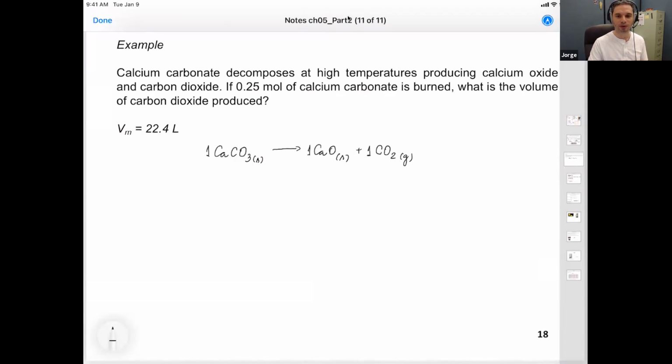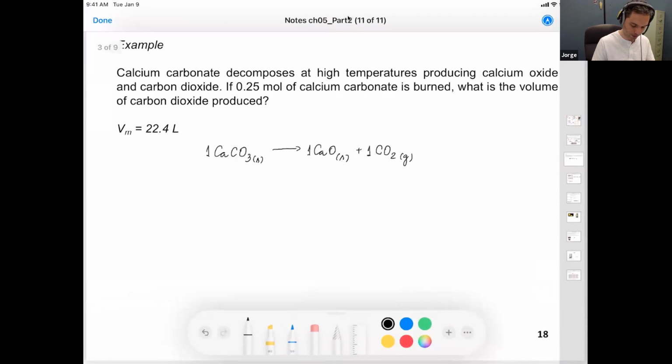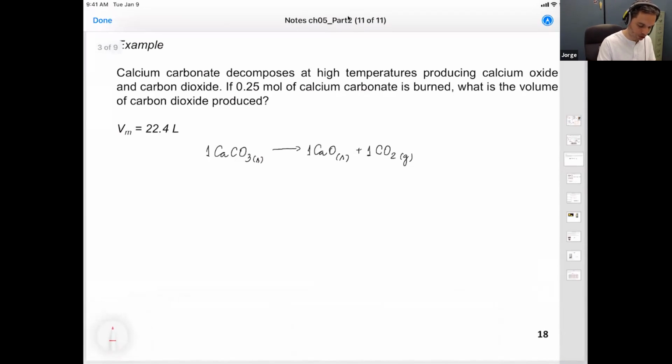Now let's get all the information that we can from the equation, and let's see what we are looking for. From the equation, we know that 1 mole of calcium carbonate produces 1 mole of CO2. Now I can replace mole by the molecular mass, or if it is a gas, by the molar volume.